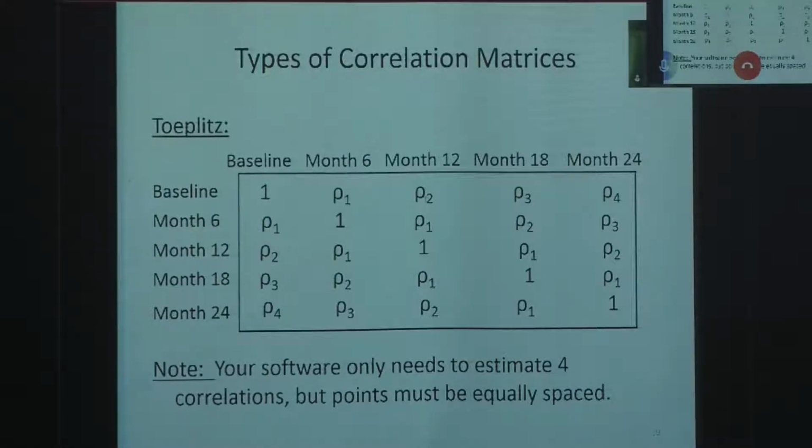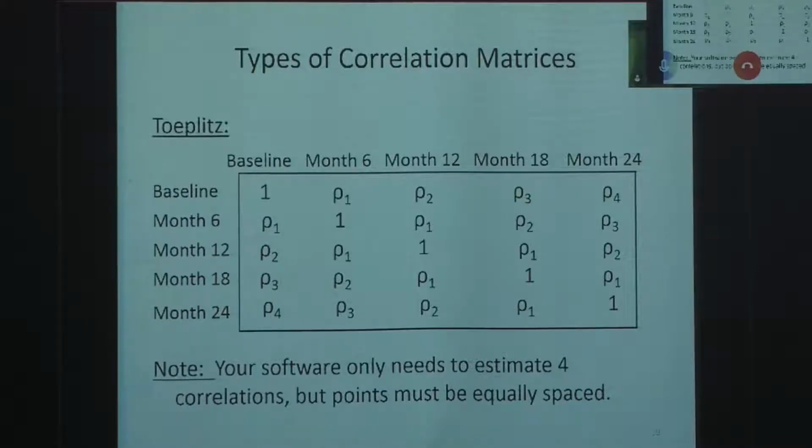Row 2 is the correlation between CD4 counts that are 12 months apart, whether it's base to 12, 6 to 18, 12 to 24. Row 2 is the correlation of CD4 counts on the same person 12 months apart, 18 months apart, 24 months apart. This puts less burden on your software program.